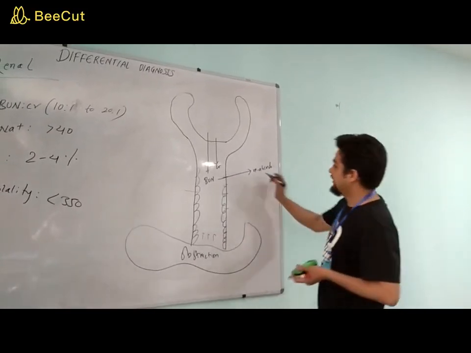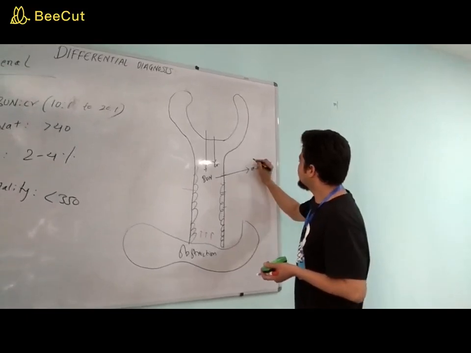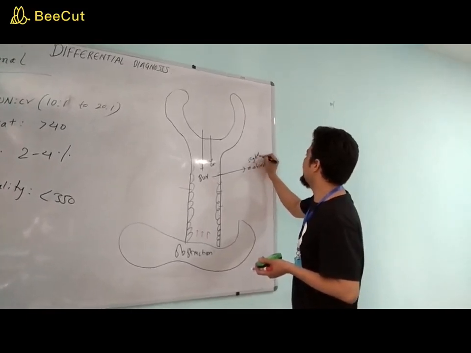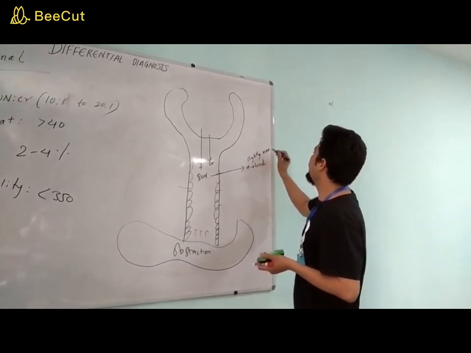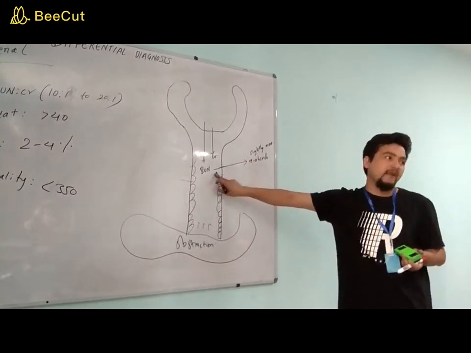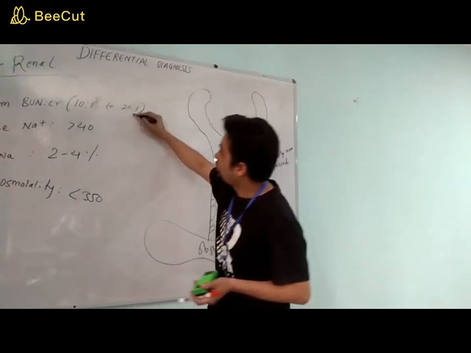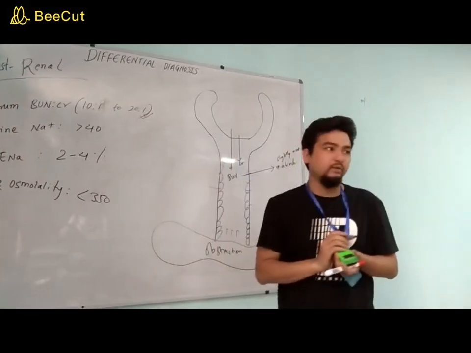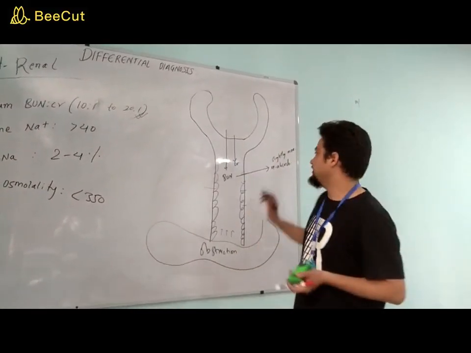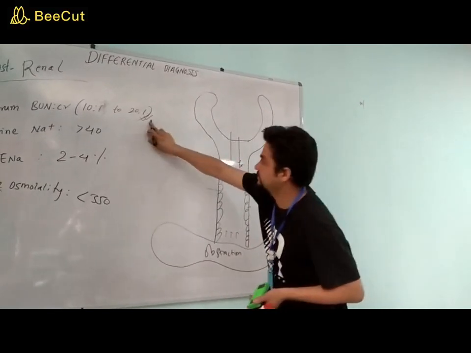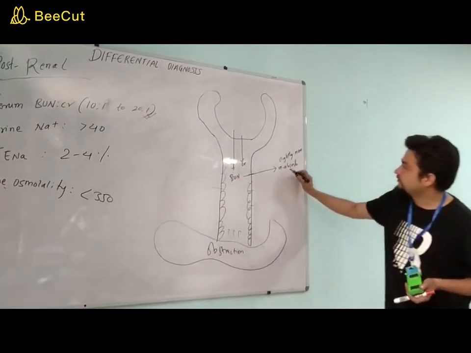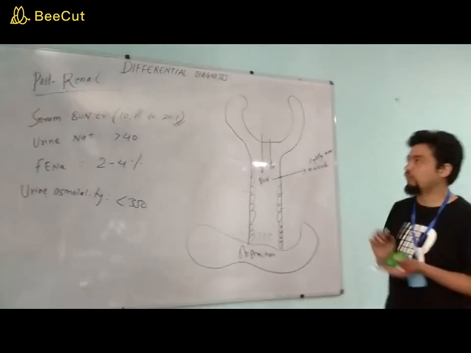That will cause slightly more reabsorption of blood urea nitrogen, and the ratio will shift toward the upper end of the reference value.